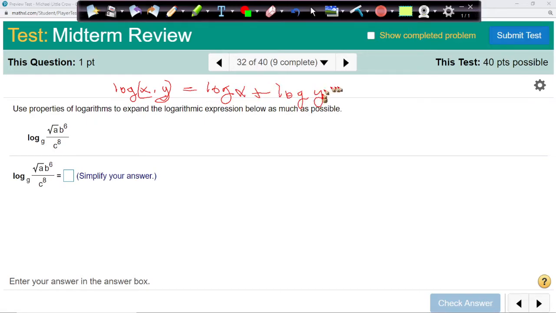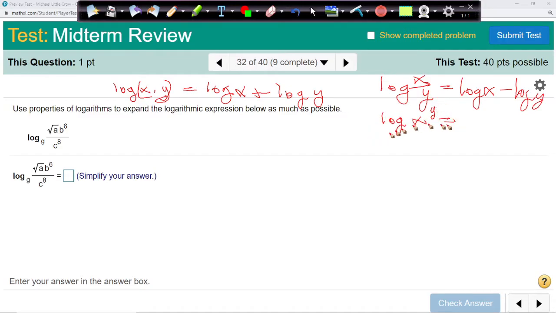When you're dividing, log of x divided by y becomes log of x minus log of y. And then if we had log of x raised to the y, the y comes down in front and becomes multiplication: y times log of x. So those are the three main rules we use.